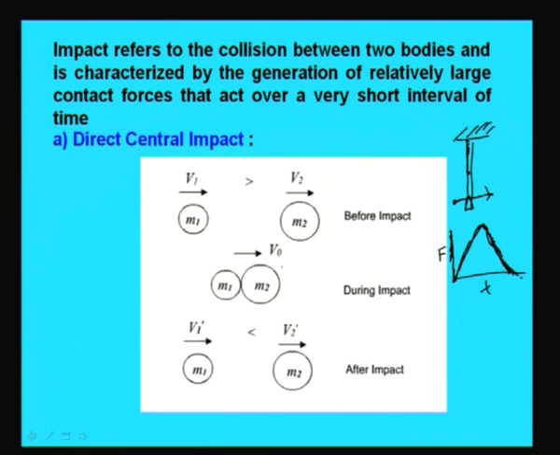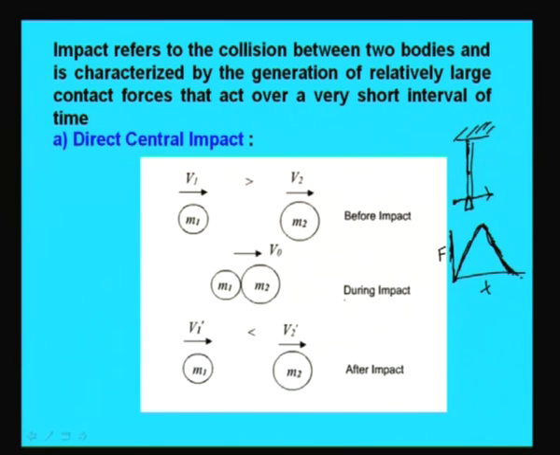So during that process the velocity of m2 will become v2 prime, and after impact v1 prime is certainly less than v2 prime.